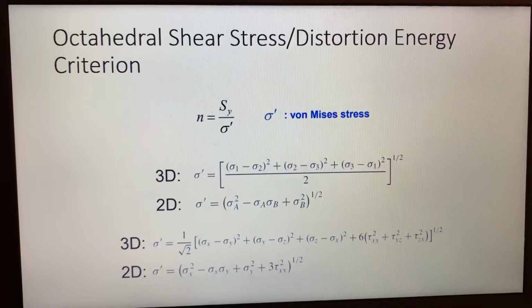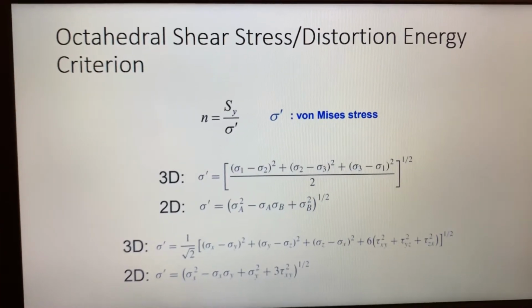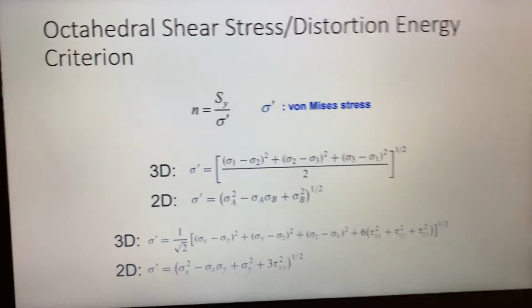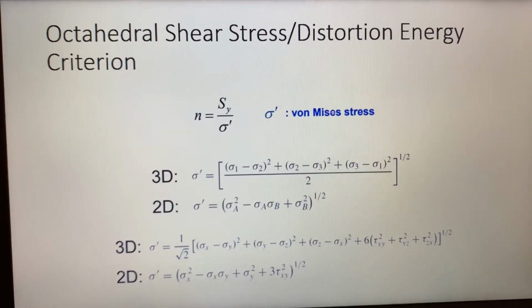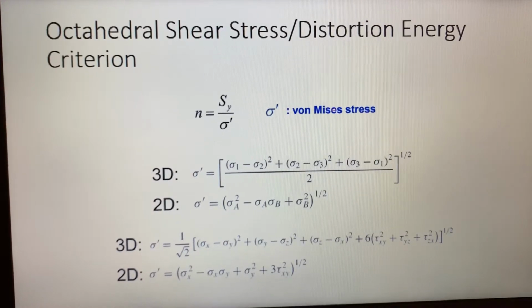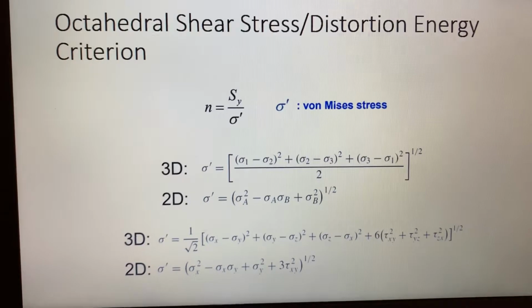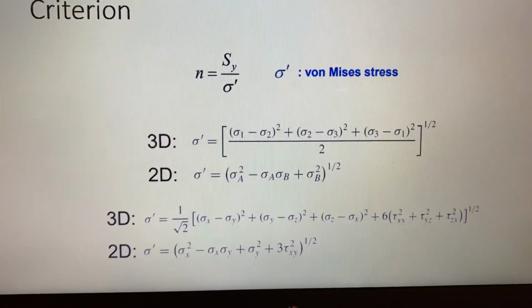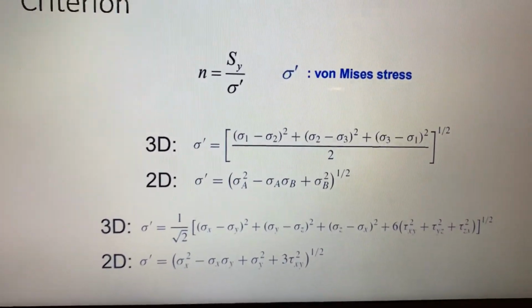For the octahedral shear stress distortion energy criterion, the factor of safety, N, is the yield strength over the von Mises stress, sigma prime. And to calculate sigma prime, use one of these equations.